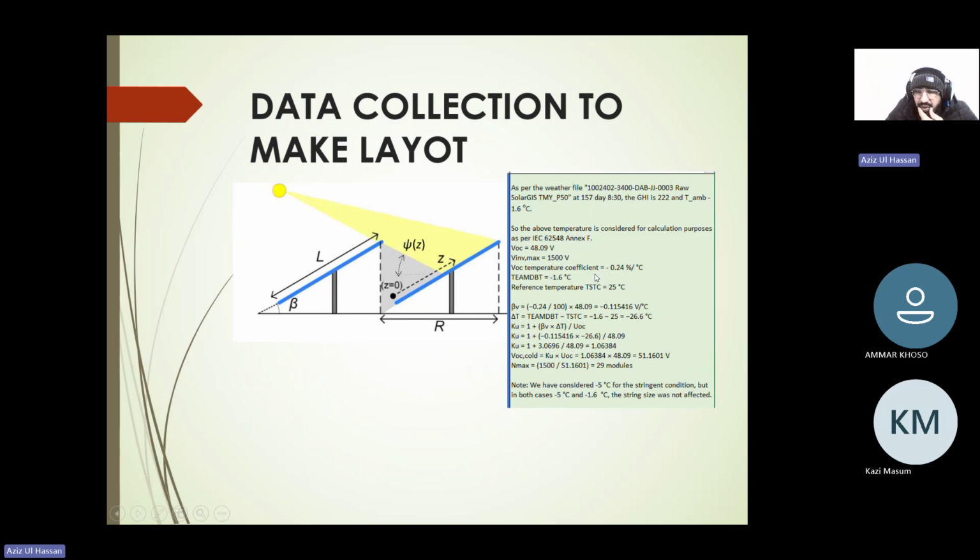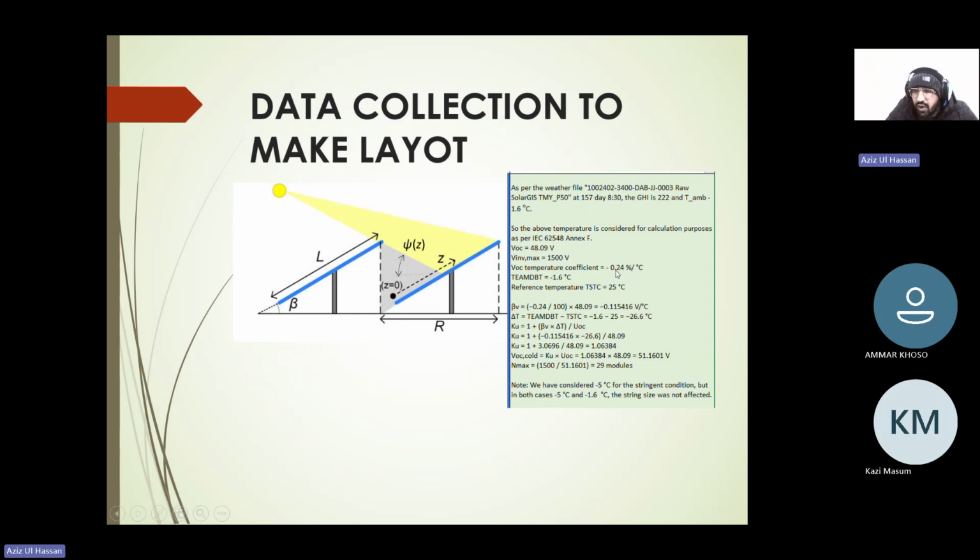Then the VOC temperature coefficient, this is beta V, is minus 0.24 percent per degree centigrade.